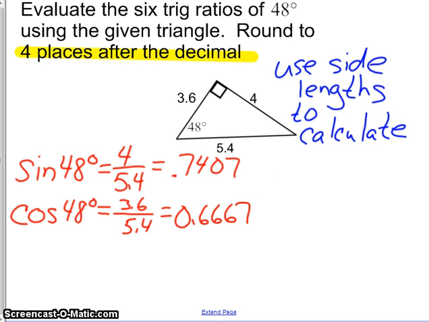It's actually 6 repeating, but you have to use your rounding skills. Tangent of 48 degrees is opposite over adjacent. So that would be 4 over 3.6. 4 divided by 3.6 is 1.1111.